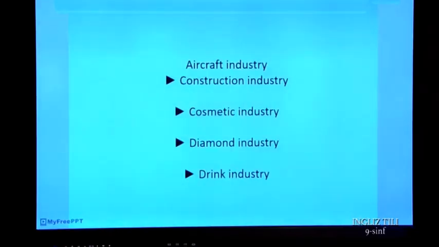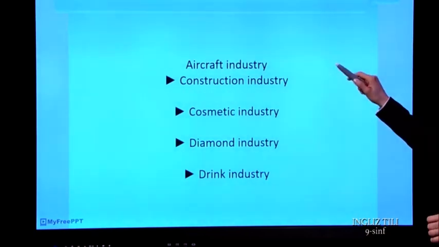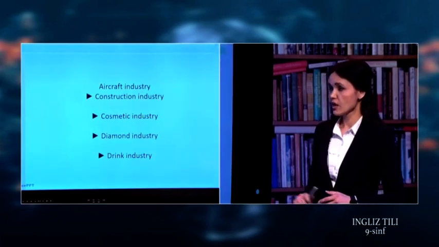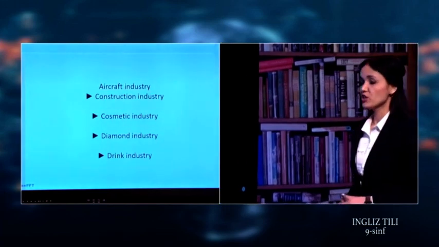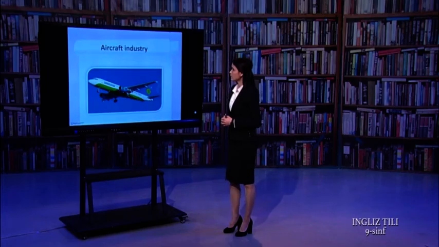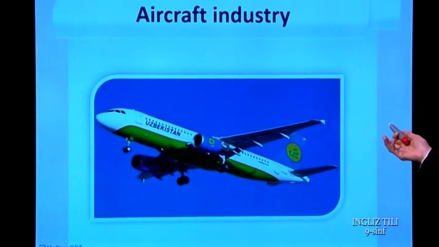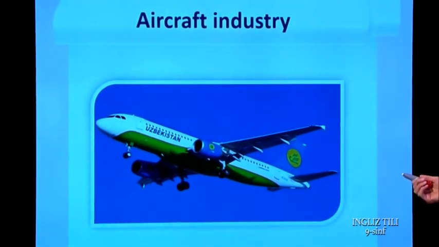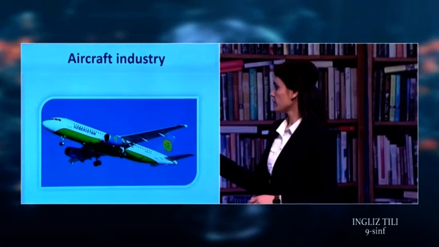For example, let's talk about industries. There are too many industries, but I'll list a few of them. The first ones: aircraft industry, construction industry, cosmetic industry, diamond industry, and drink industry. If you have no idea about the aircraft industry, it refers to manufacturing and producing airplanes.